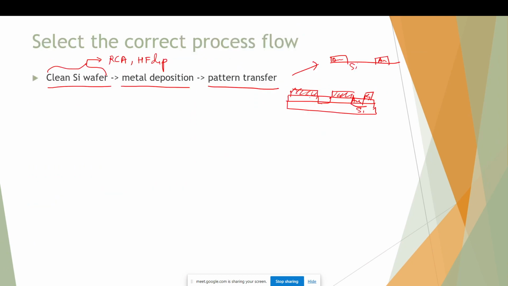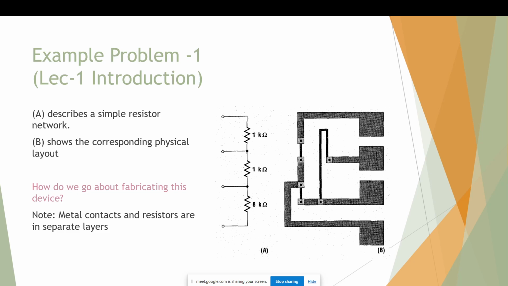There are single side polish and double side polish wafers. Single side polish will be sufficient for this because we don't want to fabricate anything on the other side of the wafer. We are not doing any process on the back side. So single side polish will work.